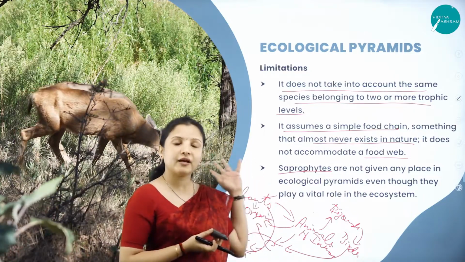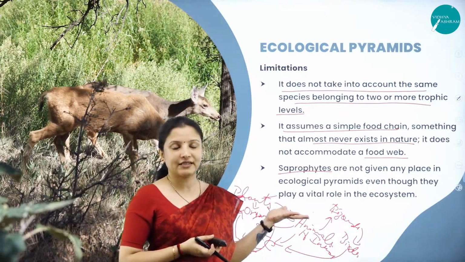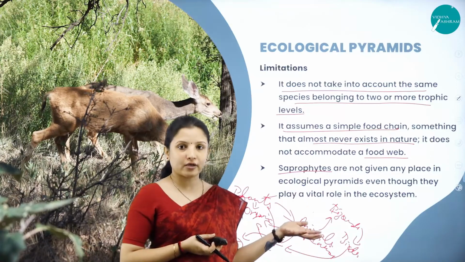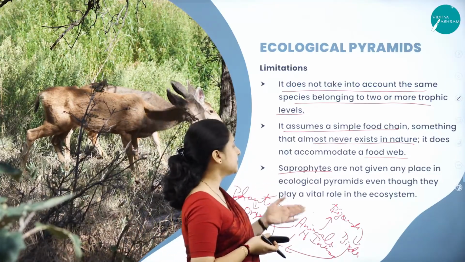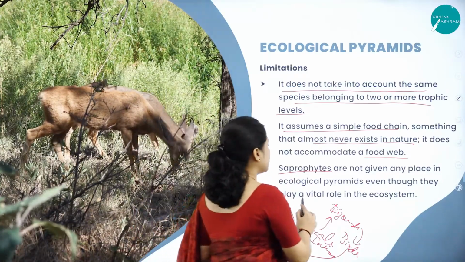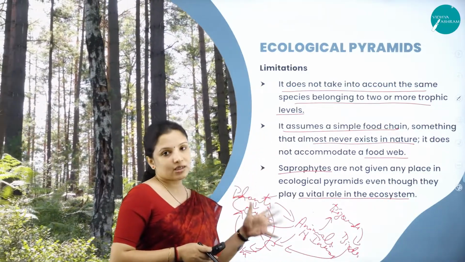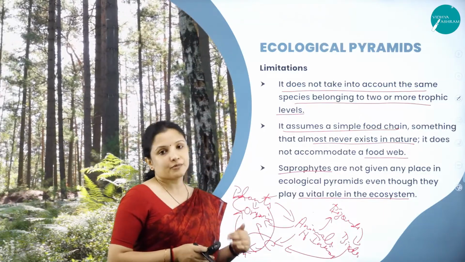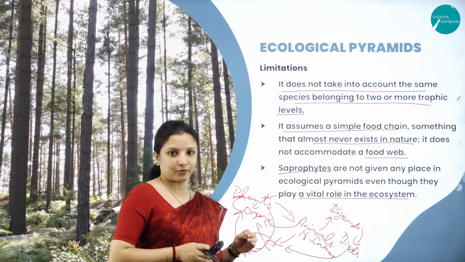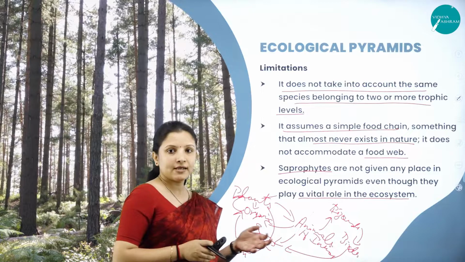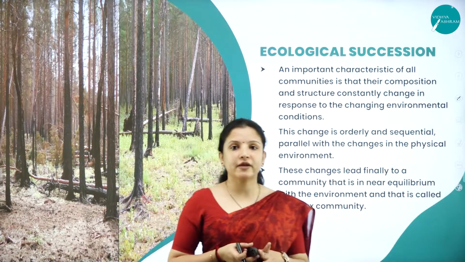In so many ecological pyramids we had studied, nowhere did they mention the saprophytes, that is the decomposers such as the microorganisms, even though they play a very important role in the ecosystem, because the availability of nutrients to the producers is not just from the sunlight, it is also from the soil, because of the decomposition carried out by the saprophytes. But no place at all was given for the saprophytes. So that was also one of the limitations. These were the limitations of ecological pyramids.